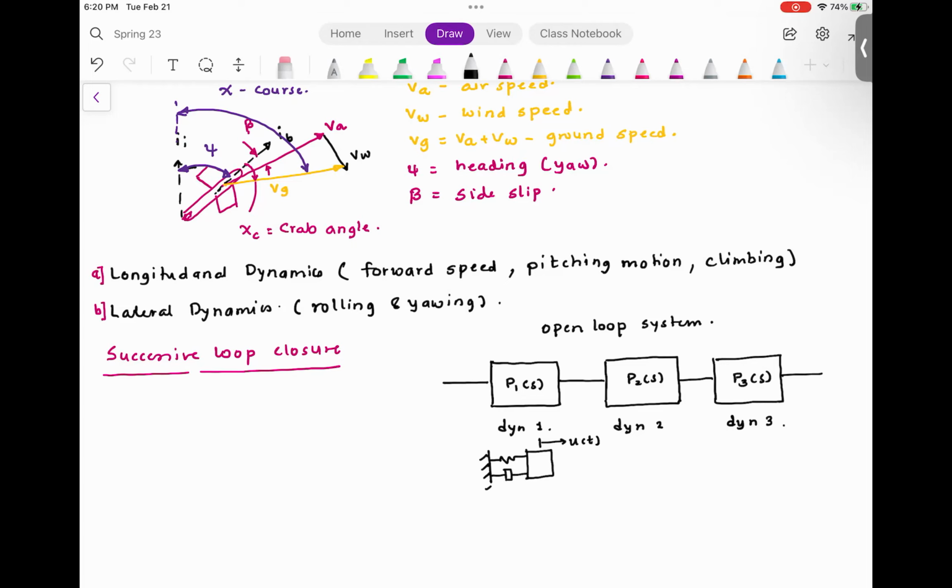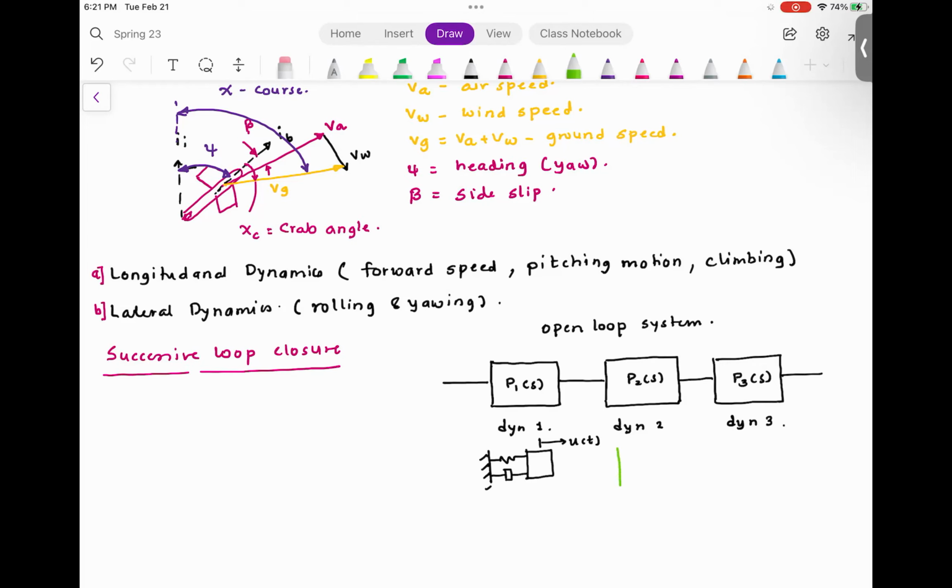The equation form would resemble what we have as a spring mass damper system. In certain cases, the output would be displacement. In certain cases, the output would be velocity. In certain cases, the output would be acceleration. And this point is important.